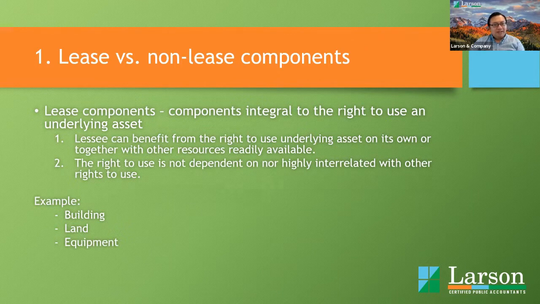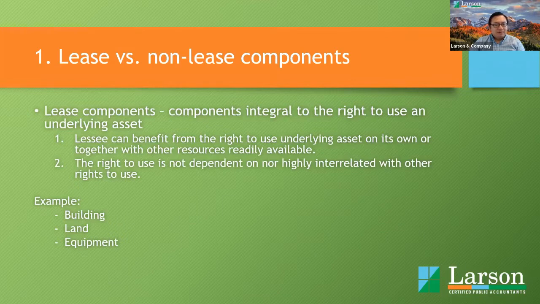Lease components are components that are integral to the right to use the underlying asset. If you have a component within the lease where the lessee can benefit from the right to use the underlying asset on its own, so you may be making payments that help benefit the right to use that asset, that is probably part of the lease components.